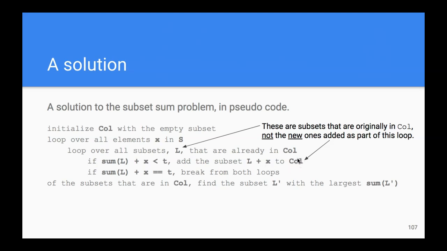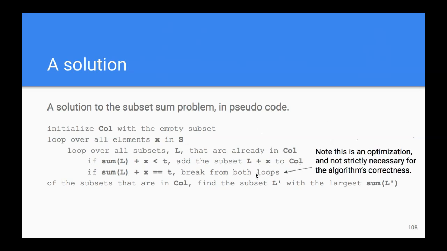So what's happening here is, COL is changing while we're iterating through it. So it's important to understand that when we're iterating through COL, we're iterating over all the original subsets in COL. We're not iterating over the new ones that are being added to COL in the process. That is something very important to keep in mind.